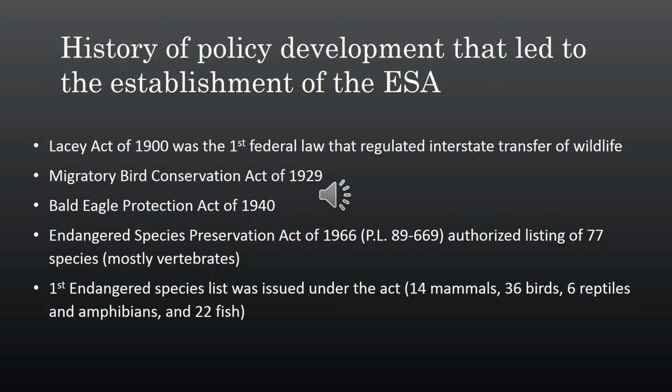And then in 1966, Public Law 89-669, the Endangered Species Preservation Act was established, which authorized a listing of 77 species, which were mostly invertebrates. The first endangered species list was issued under that act. It included 14 mammals, 36 birds, 6 reptiles and amphibians, and 22 fish.